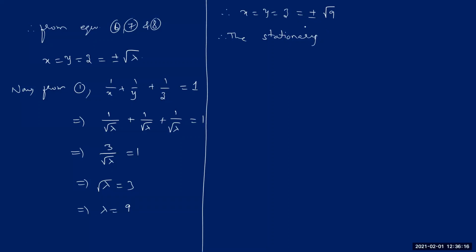Once you take all the 3 as plus 3, and once more you can take all the 3 as minus 3. There you are. So therefore, the stationary points are 3, 3, 3 and minus 3, minus 3, minus 3. In fact, all the 3 must be the same, but all the 3 may be either plus 3 or all the 3 may be minus 3.